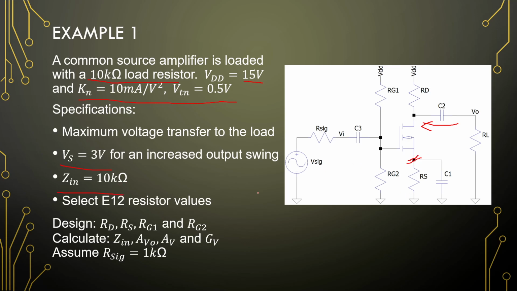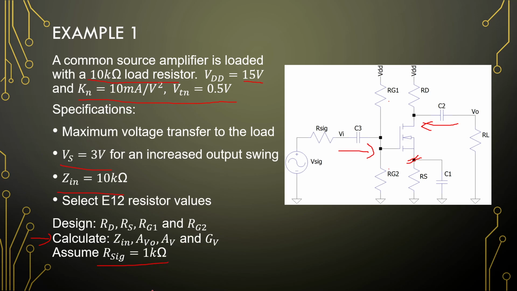An input impedance of 10 kilo ohms, so looking in we should see 10k, so RG1 parallel to RG2 should be 10k. And then after the design, we need to calculate our input impedance and our gains to see how well we designed, and that will make it easier for us to see the results when we do the simulation.